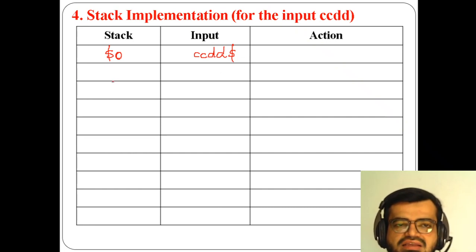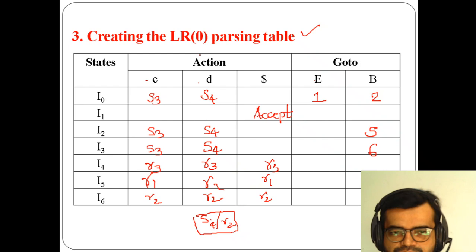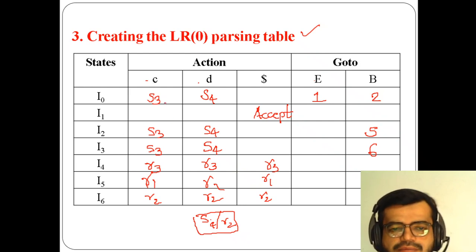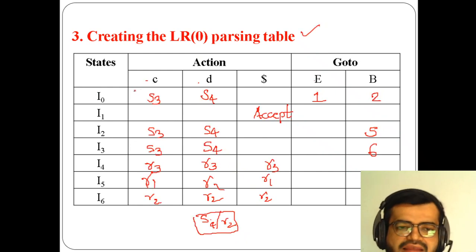Now I have to check, in the first state, where C will be performed. So you have to go again to this table. If you go with this table, I0 on C, here S3 is there, right?